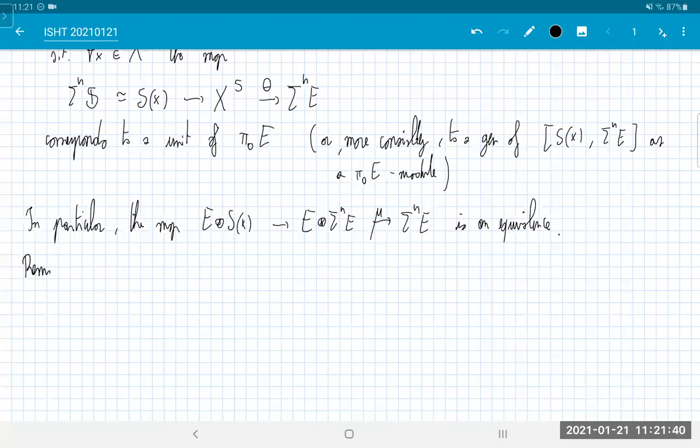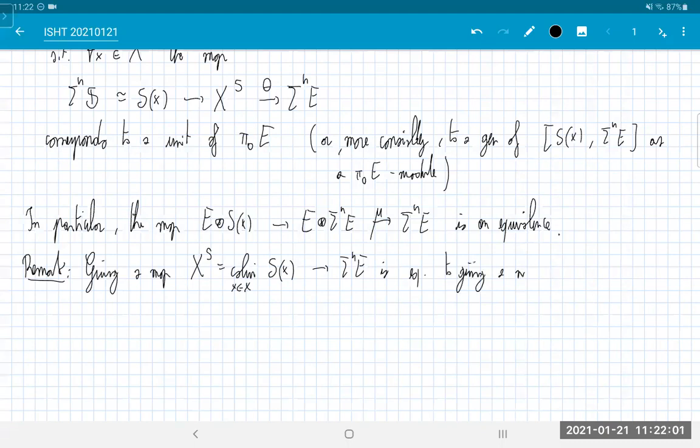So remark, giving a map from this colimit is equivalent to giving a natural transformation from S_x into sigma^n E, where this is the constant functor.